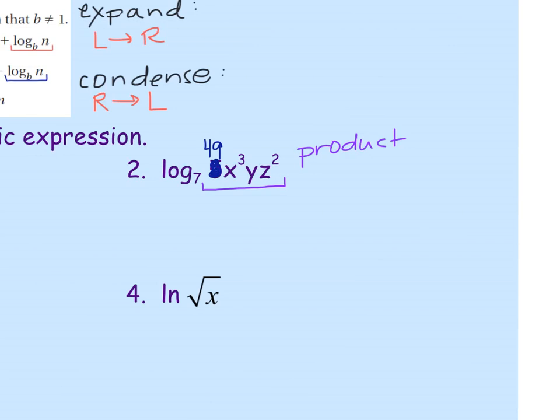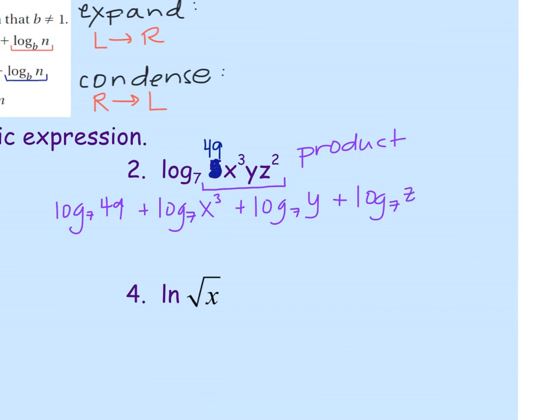We'll start with the number first, log base 7 of 49, and then plus log base 7 of x to the third, and we just continue on, plus log base 7 of y, and then lastly plus log base 7 of z squared.